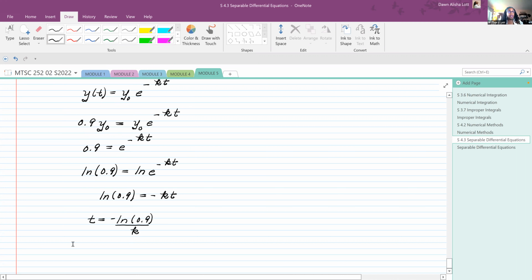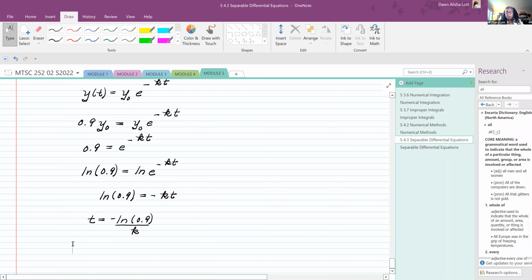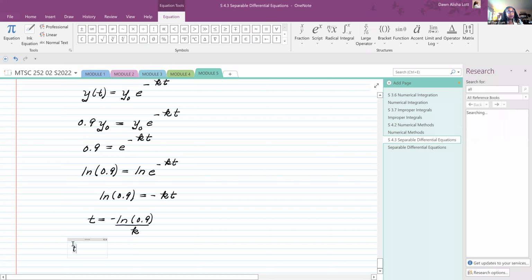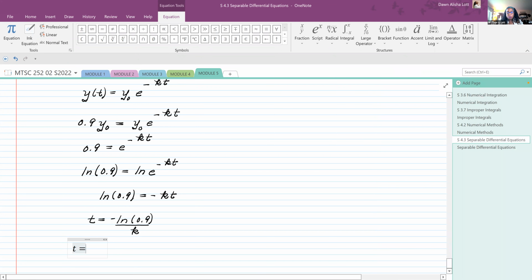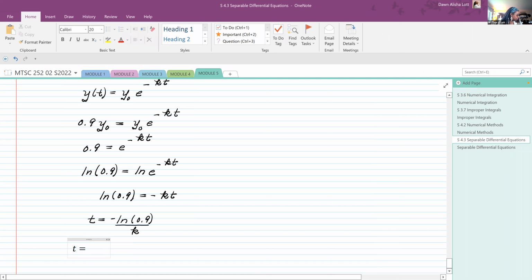So let's see what we get. So we get T equals minus the natural log of 0.9 divided by, and what was K?